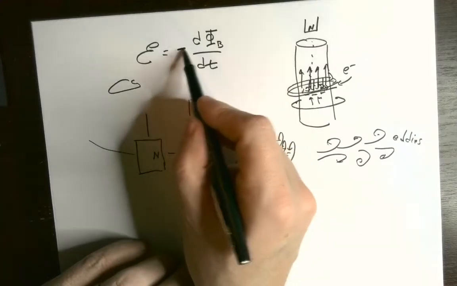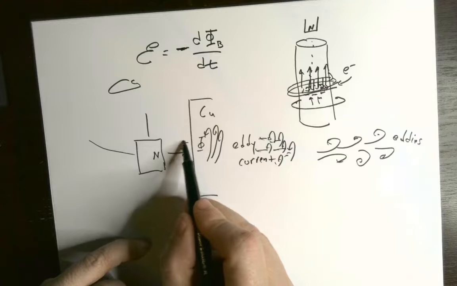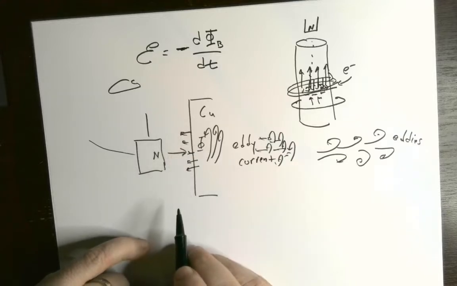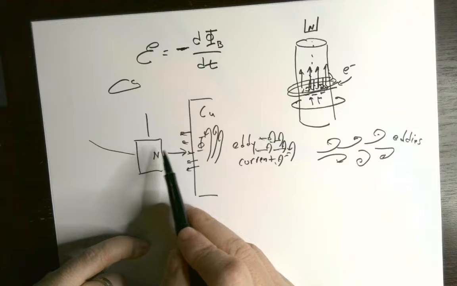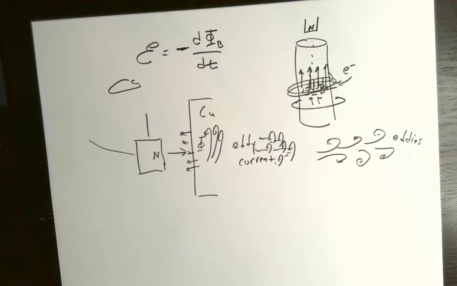And again, because Lenz's law says the direction of those magnetic fields opposes the change in flux, the directions of those induced magnetic fields by those tiny microscopic currents in the copper will create a force that opposes the flux and a magnetic force that opposes the motion of that magnet.